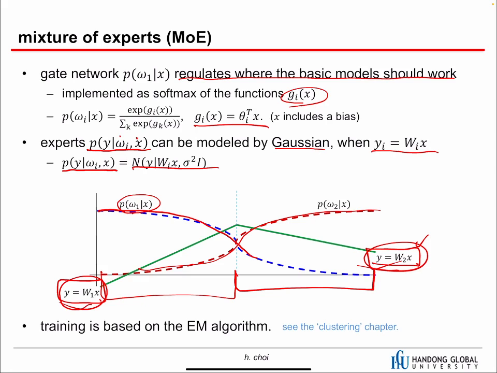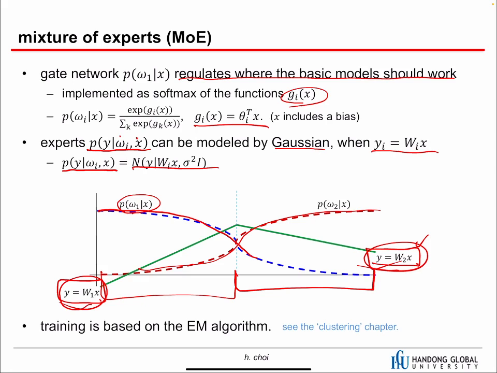And the local model will work on that area. So this one is slightly different from bagging or boosting, but still we have lots of models and these models are working together and they are combined to make a final decision. So that's why I put this mix of experts in the ensemble learning chapter.